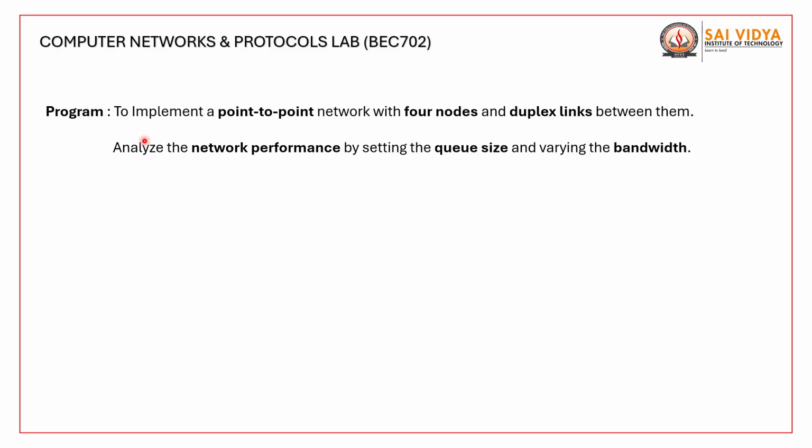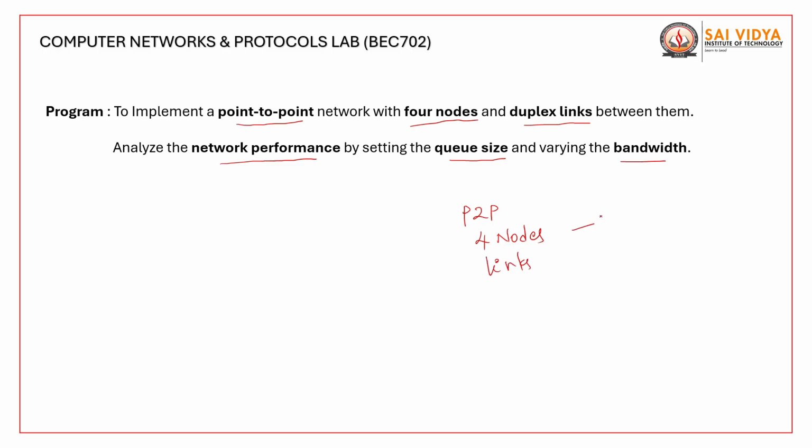First program in NS2 laboratory is this: to implement a point-to-point network with 4 nodes, and a duplex link between them. You have to analyze the network performance by setting the queue size and bandwidth. So the following are the keywords here: point to point, that is P2P, 4 nodes, and duplex links between them.